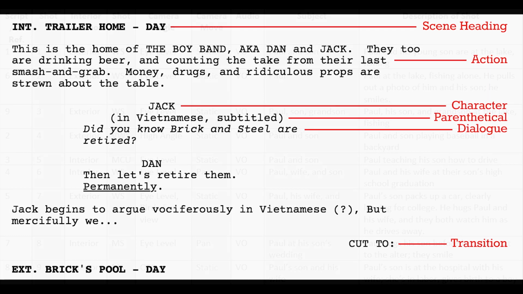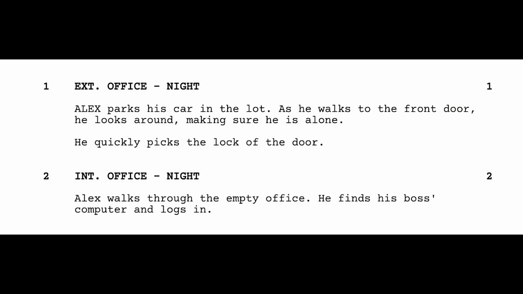For the master scene script, there are 6 main tools which you must use: the scene heading, the action, the character and dialogue, parentheticals, and also the transitions. The scene heading is in all caps. It will say whether it is interior, abbreviated to INT, or if it is an exterior, abbreviated to EXT.